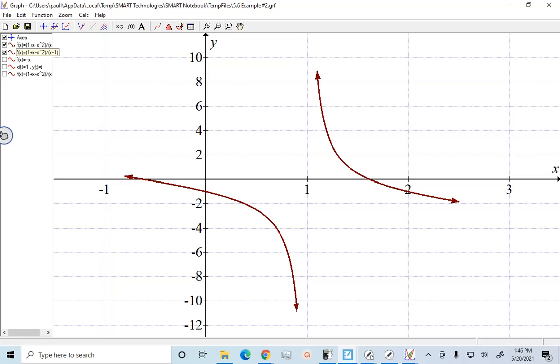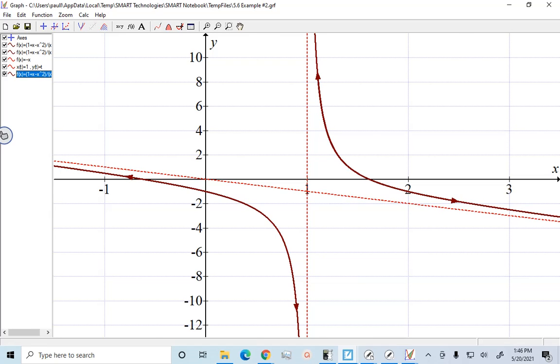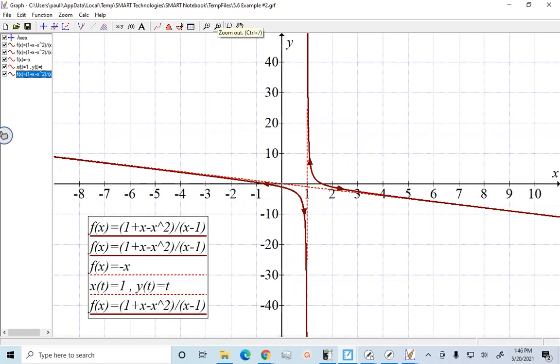This function does have a vertical asymptote, and if I graph now y equals negative x, that's what that line is. So it's not a horizontal asymptote. The graph isn't approaching the x-axis, for example. If I zoom out, you can see the same kind of thing happens that we talked about before. Questions with example 2?